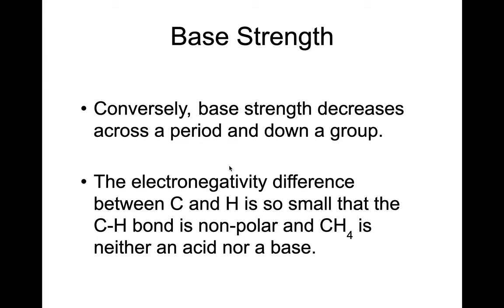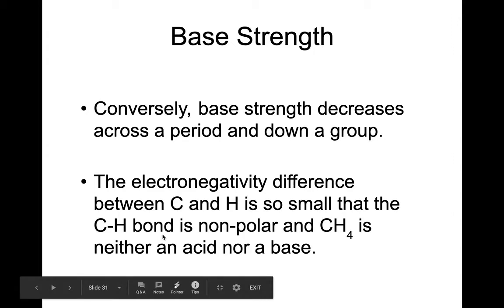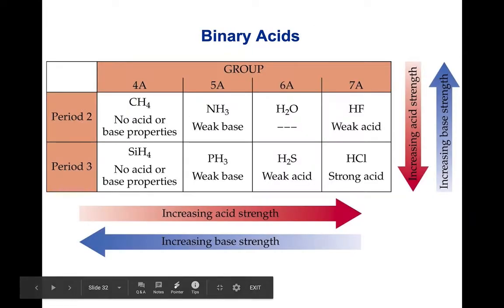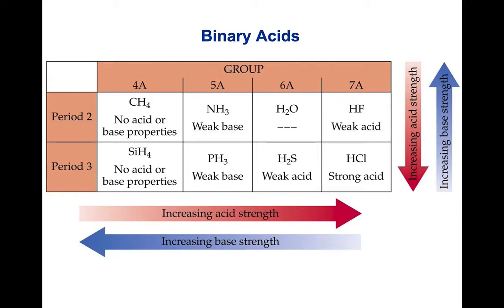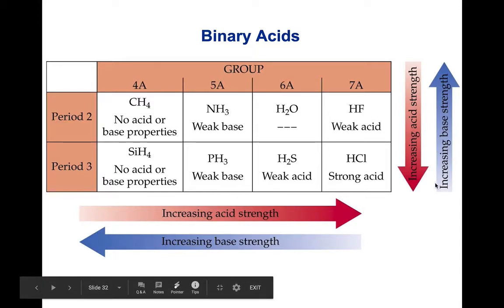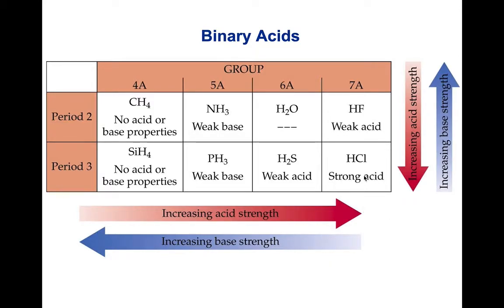On a special note, the electronegativity difference between carbon and hydrogen is so small that C-H bonds are nonpolar, so compounds like CH4 are neutral. They're neither acidic nor basic. Here's a chart to summarize those trends. The red arrows show the acid trends, the blue arrows show the base trends, and there are a couple of examples given for your comparison.